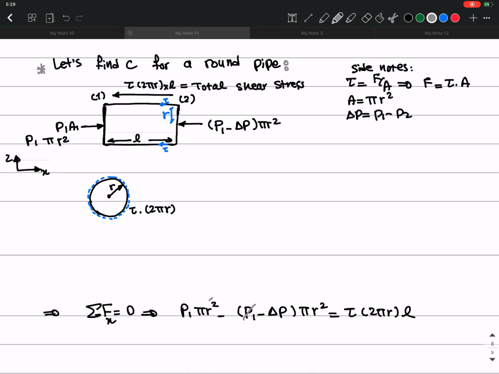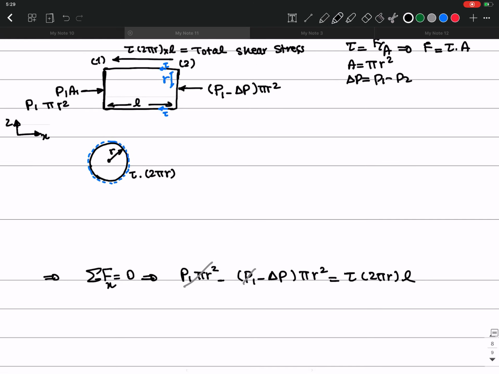So this P1 and this are going to cancel out. So I'm going to only have delta P pi r squared equals tau 2 pi r L. And again, pi r is going to cancel out. So here I only have r.